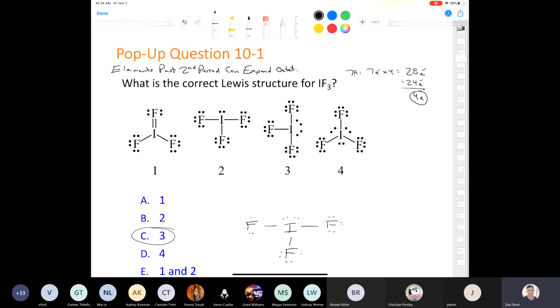So the fact that iodine has 10 electrons isn't that big a deal. And if you're wondering how it can expand its octet, it's because elements that are past the 2nd period have d orbitals available to them, and so they can put the electrons in d orbitals. So the answer is C. All right, there we go.